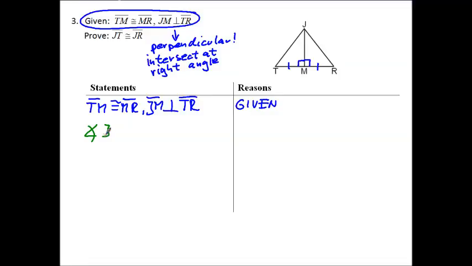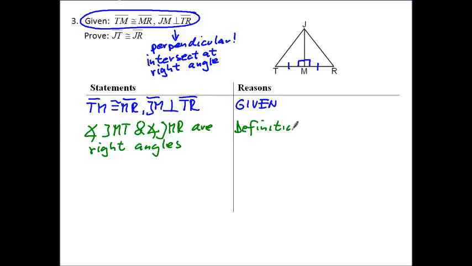So angles JMT and JMR are both right angles. And the reason for that is that this is the definition of perpendicular.